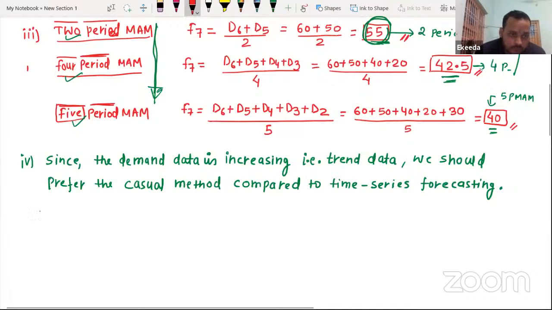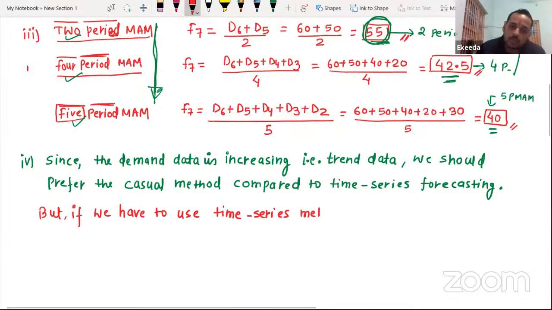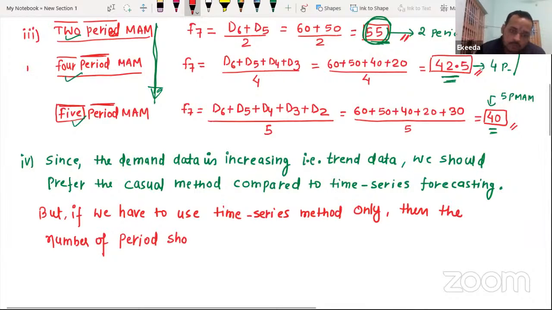But if we have to use the time series method only, then the number of periods should be as low as possible.